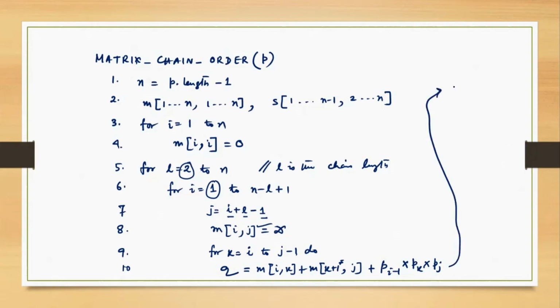So after Q, step number 11 says, this is definitely under the for loop of k.